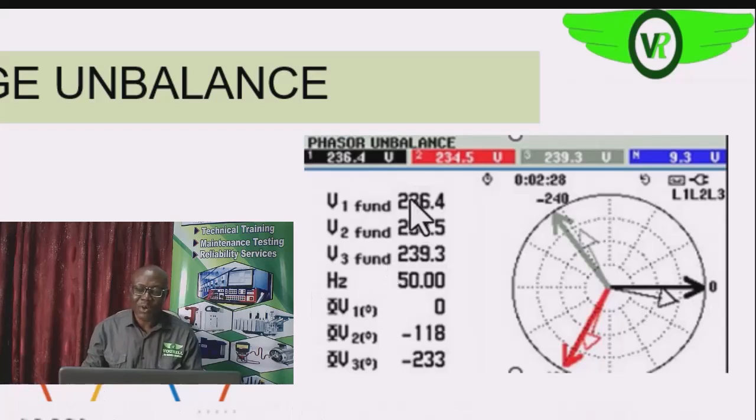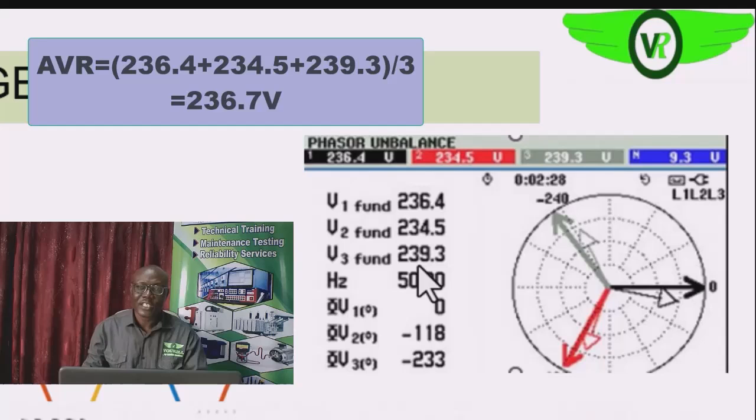What we mean is that we add 236.4 plus 234.5 plus 239.3, and when we add and divide by 3, we have 236.7.